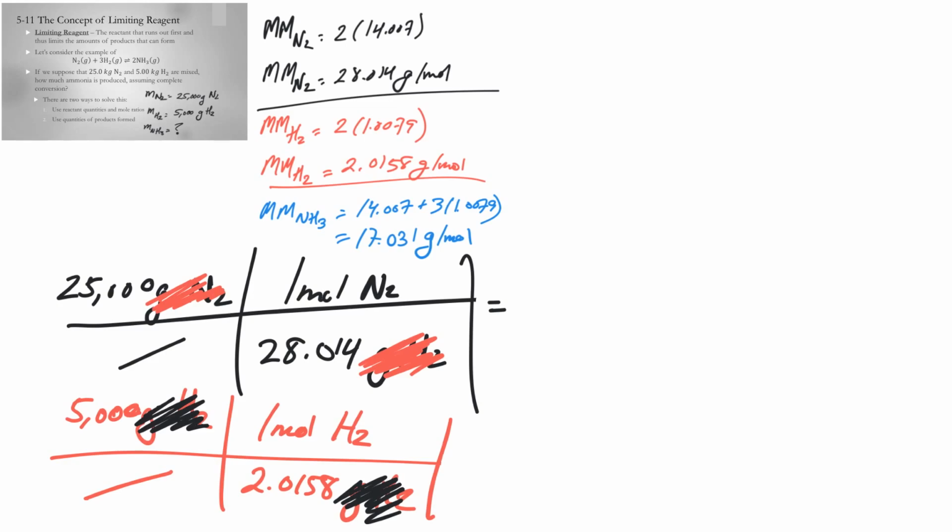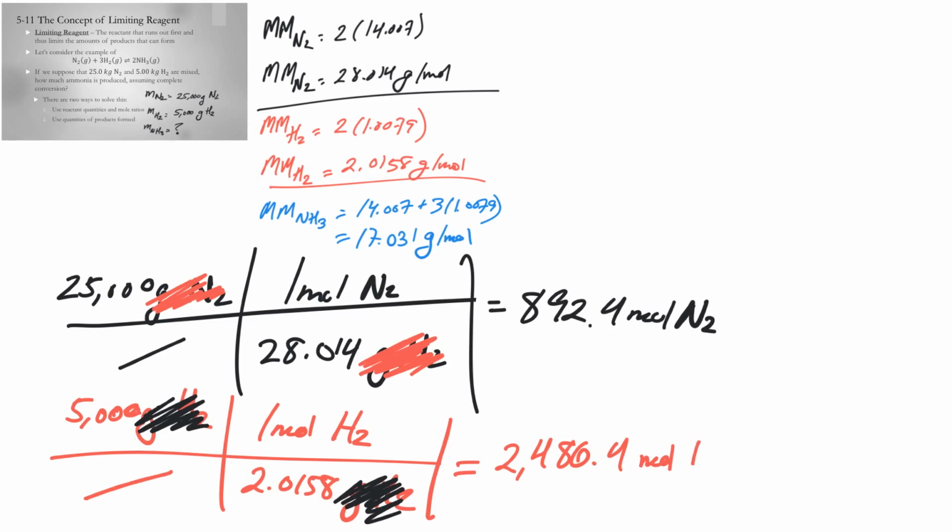Okay, so from 25,000 divided by 28.014, you get 892.4 moles of nitrogen. For the second one, 5,000 grams of hydrogen divided by 2.0158 grams per mole is 2,480.4 moles of hydrogen.